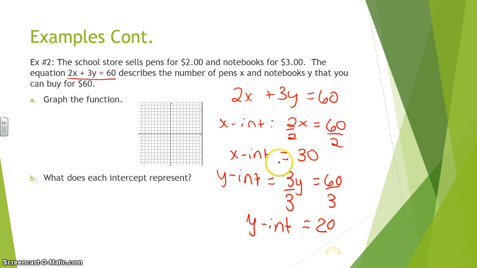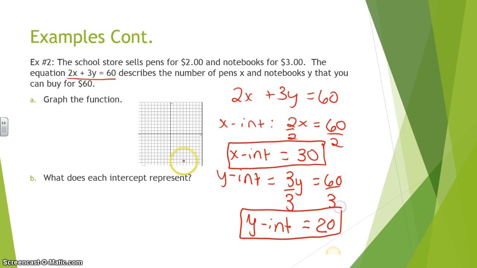So what that means is, when I graph points on this coordinate plane, my x is going to fall along 30. My y, there's going to be a point at 20.